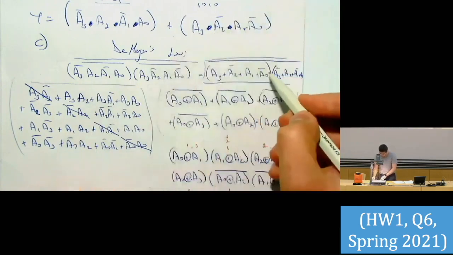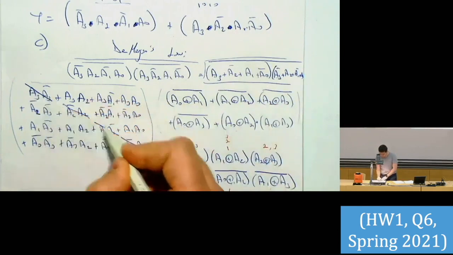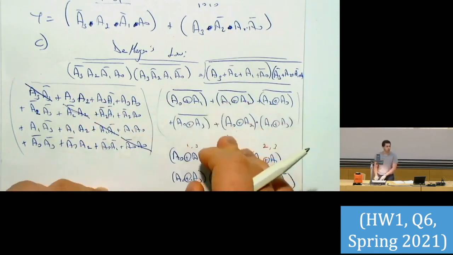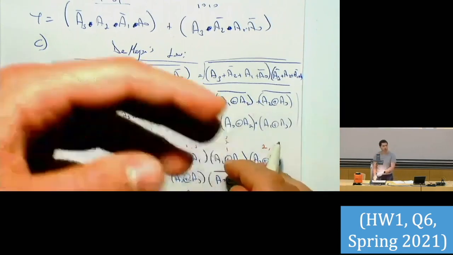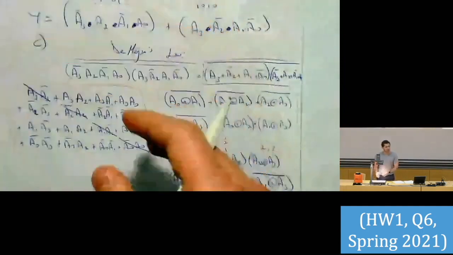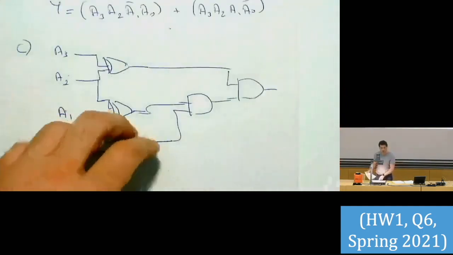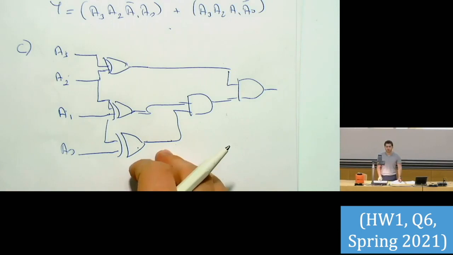You can distribute those in such a way that all of these will be cleared, and the rest will give you a bunch of XNORs and XORs, and some of them will be implicitly included in other XORs, and then you will also end up with the same circuit. All right, if you don't have any questions related to that, we can take a break.